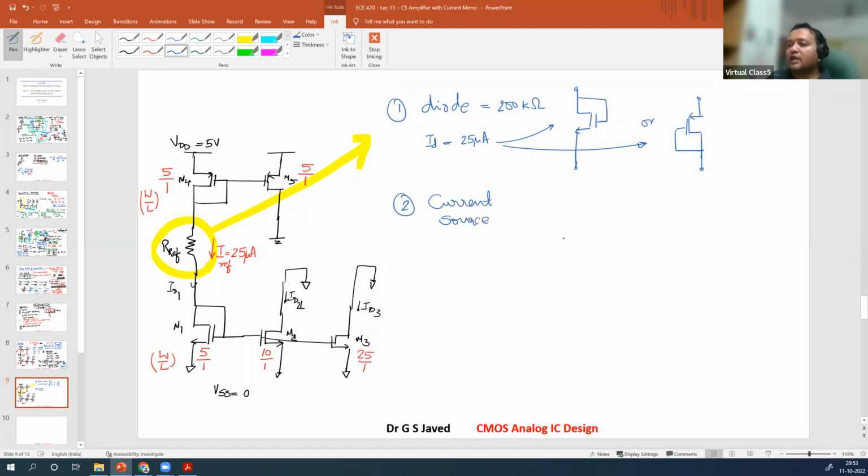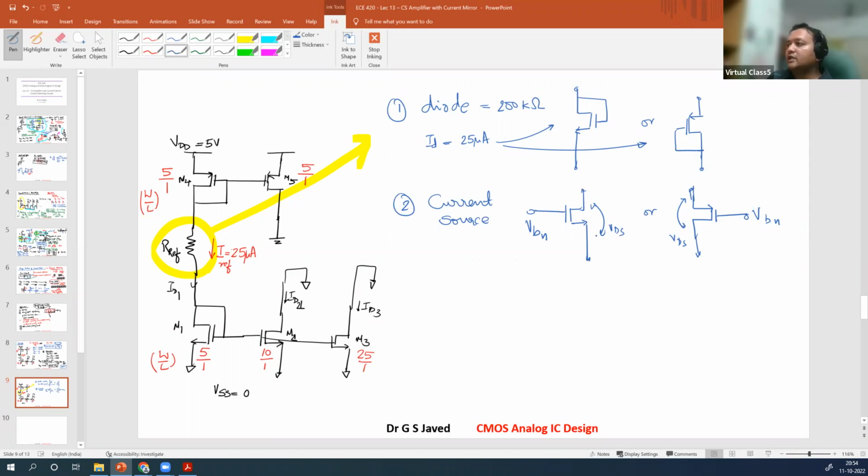Now the current source can either be an NMOS current source or it can be a PMOS current source. You apply the appropriate V bias N or V bias P and ensure that the drop VDS is the same, and the current that is flowing through these two, you will again maintain 25 microampere.